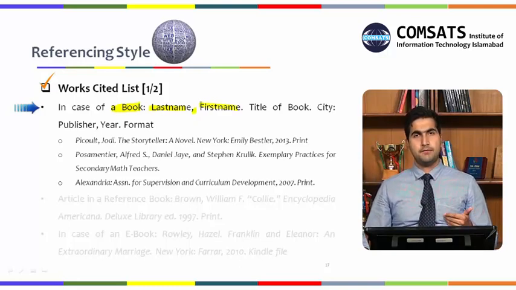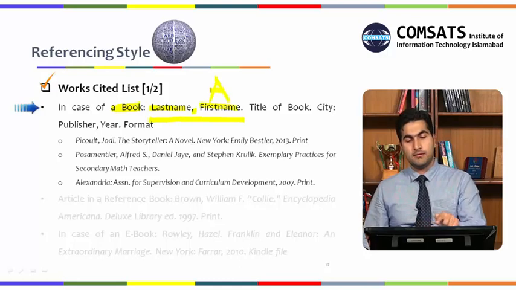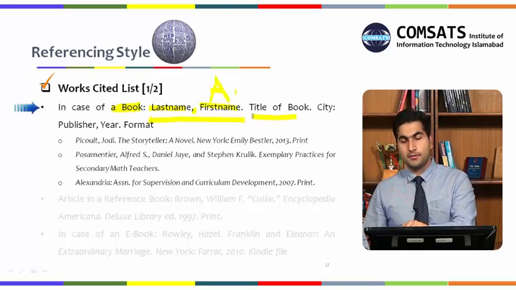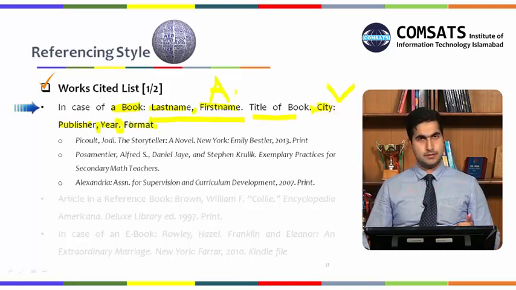For example, if I have to make an initial of myself, it would be A. Ahmed, so I would write Ahmed over here, A over here, then a dot, then the title of the book written by me, then a dot, then my city, then a colon, then the publisher, then a comma, then the year of publication, then a dot, and then the format.